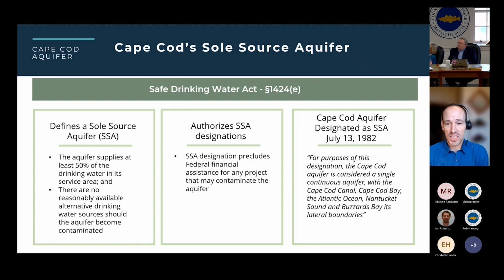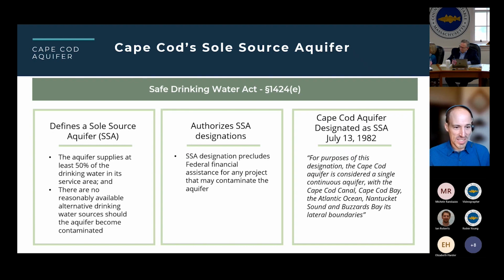So the Cape Cod Aquifer was designated as a sole source aquifer in 1982, and I think the actual text of that designation is helpful because it specifically says, for purposes of this designation, that the Cape Cod Aquifer is considered a single continuous aquifer. So it is a little bit of an administrative thing to call all six of those lenses a single aquifer.